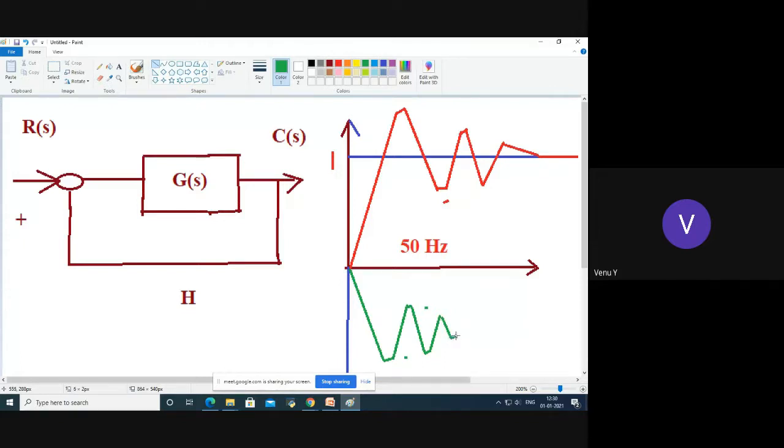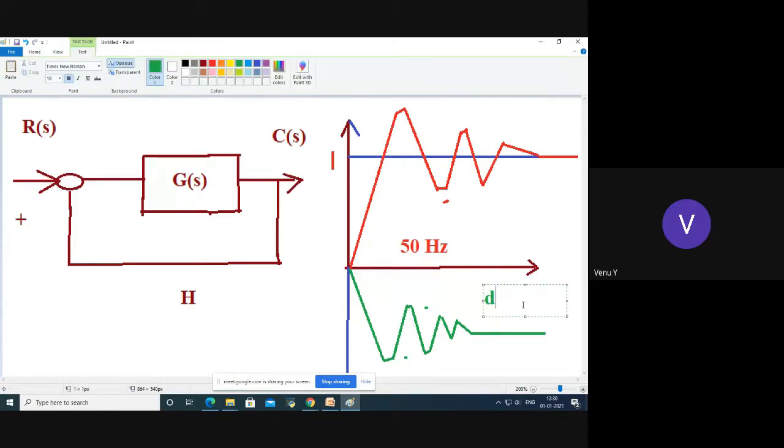Now everybody understands from first principles what is the response of your system. After some time it comes to steady state with a frequency deviation. That frequency deviation is delta f, small f you can use.